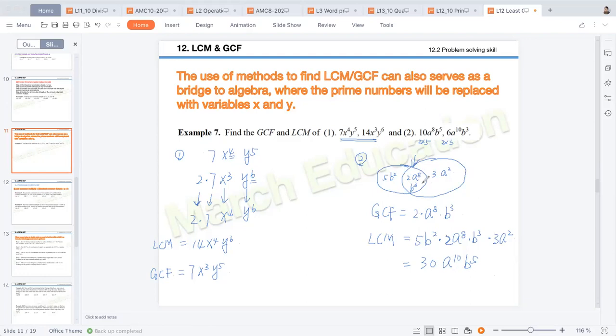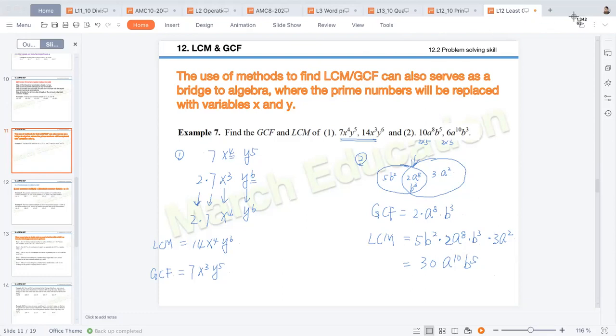The common part is 2a to the a's power, b to the third power. And for the least common multiple, I just multiply the middle part together with the different parts. We just multiply the 3 parts together. So I get ab squared times 2a, b to the third power, and times 3a squared.